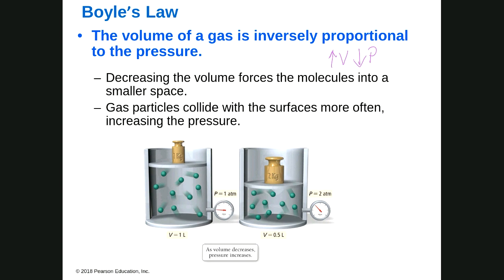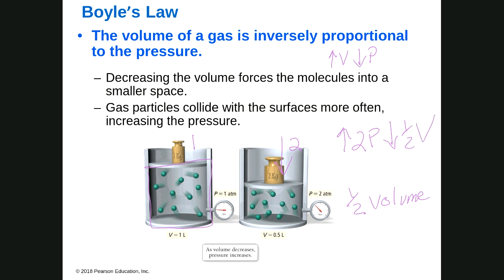So if I have 1 atmosphere of pressure in this cylinder, and I double the pressure, so I had 1, now I have 2 atmospheres, then I am going to halve the volume.